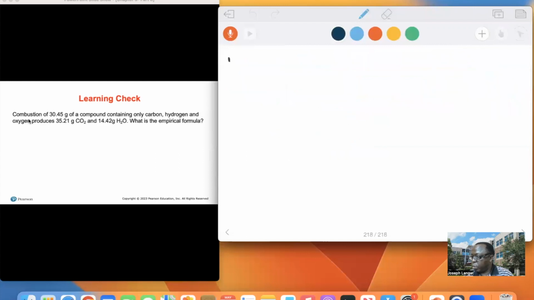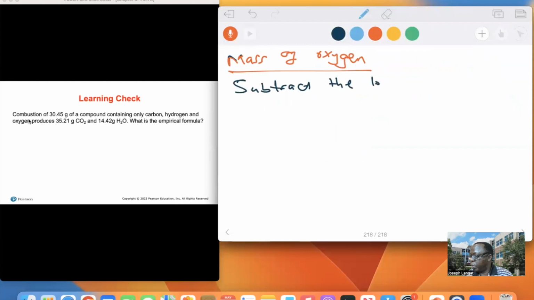Here, mass of oxygen is determined by subtracting the total mass of carbon and hydrogen from the total mass of the compound.